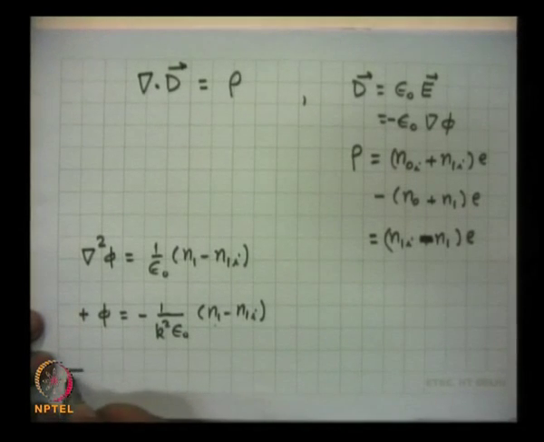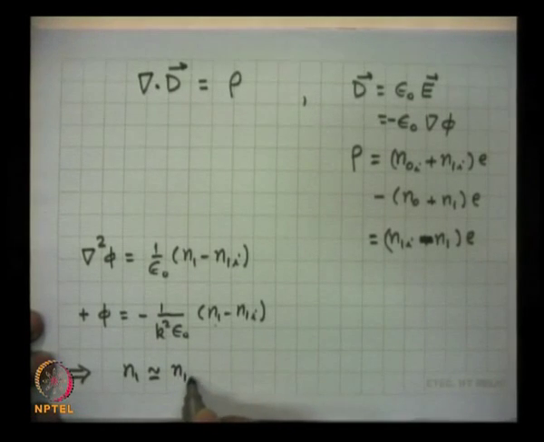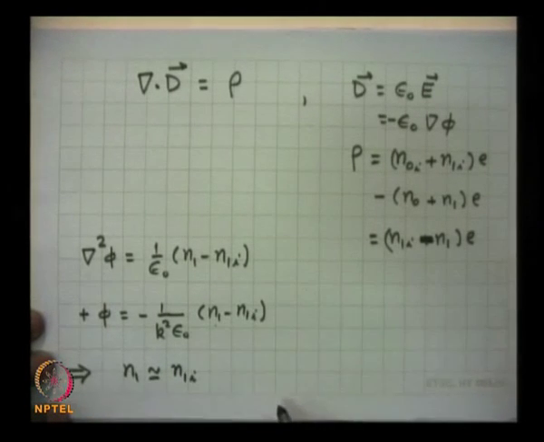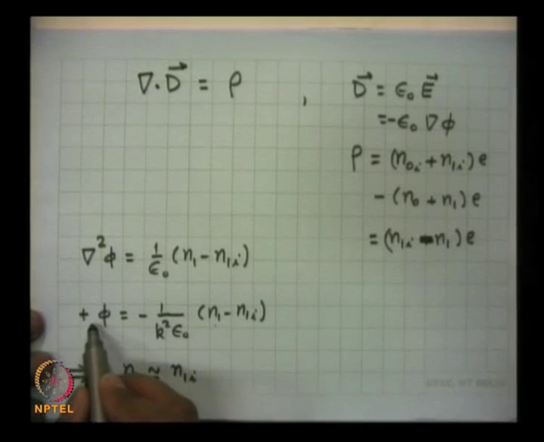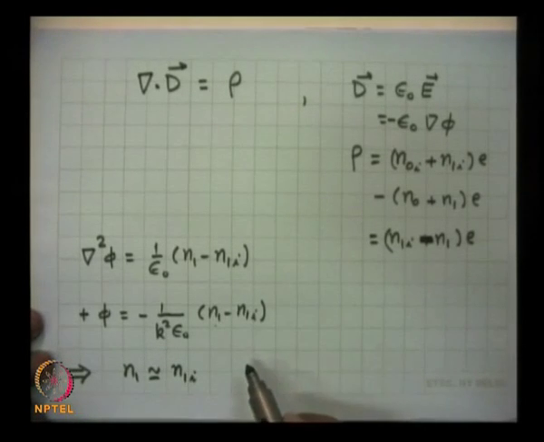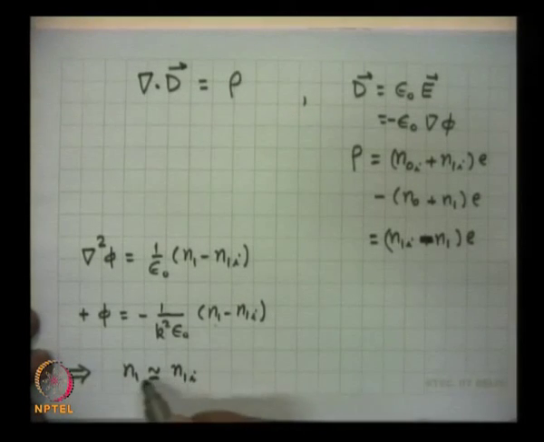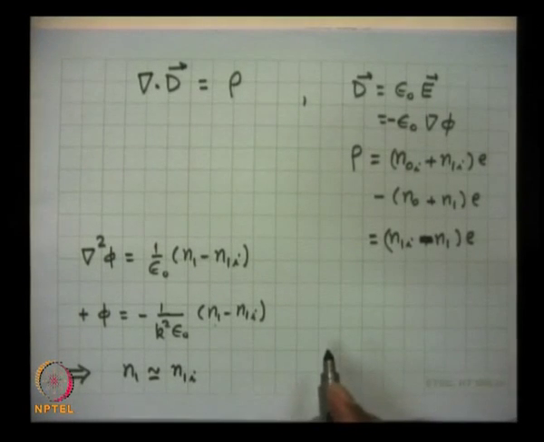So, this equation gives me that N1 is nearly equal to N1I, because the individual terms on the right hand side are too big as compared to unity or phi on the left hand side. So, I can ignore the left hand side term, and in order to satisfy this equation N1 is nearly N1I, and these perturbations I have already obtained.